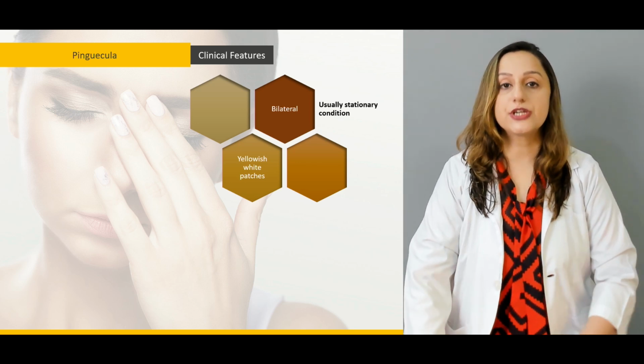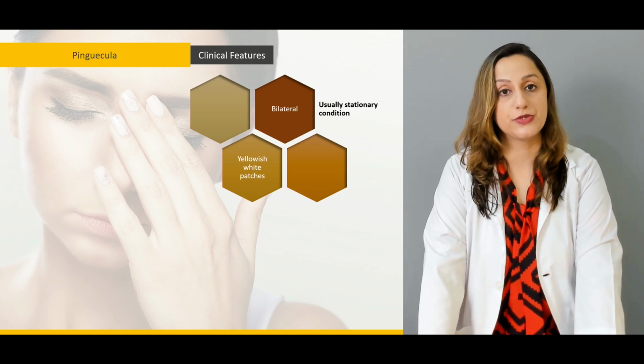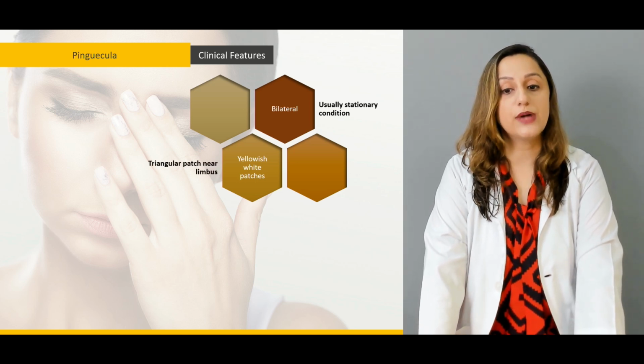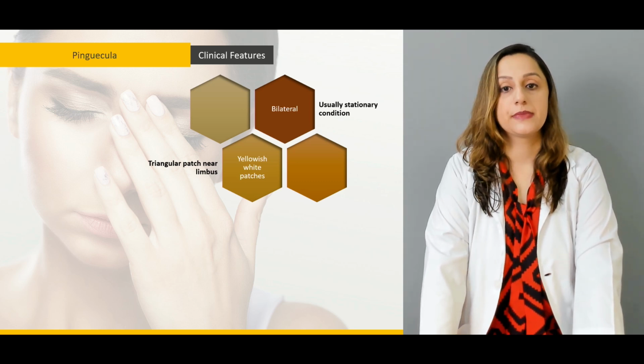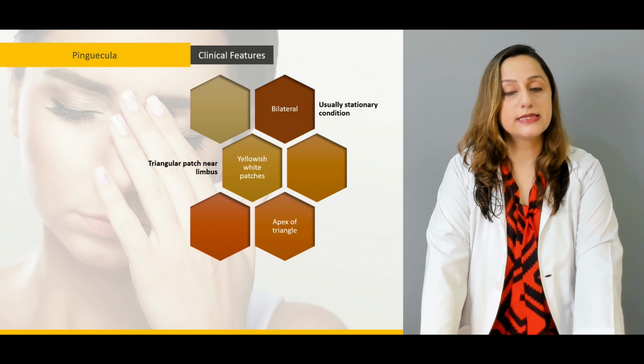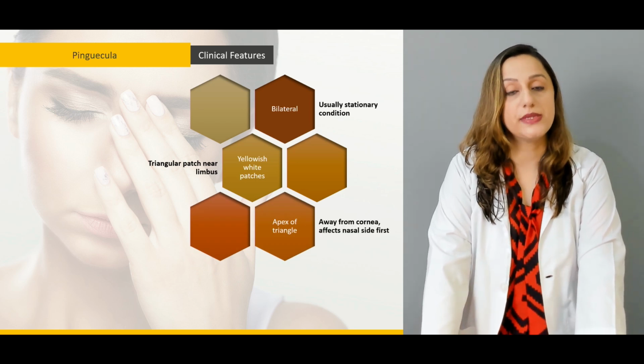The yellowish white patches are the premonitory sign that we're going to observe in this patient, the triangular patch that is sometimes present near the limbus. So the most common site is near the limbus. The apex of the triangle is away from the cornea.